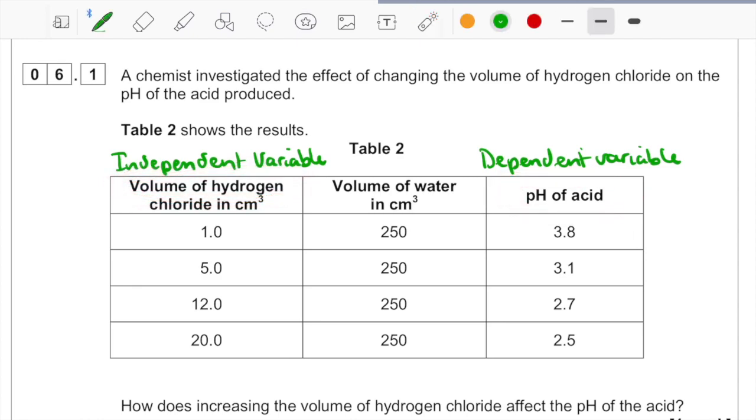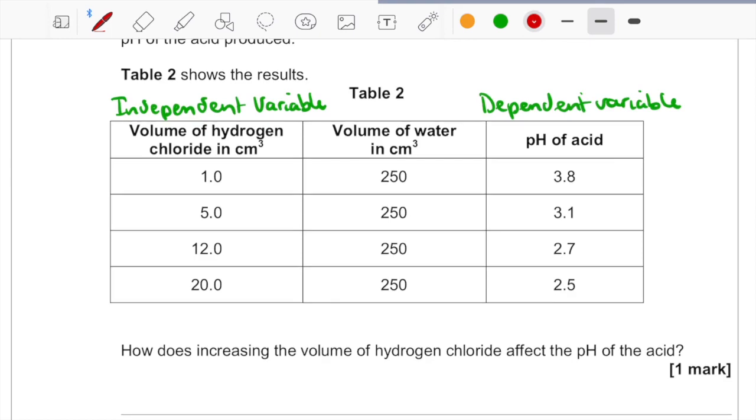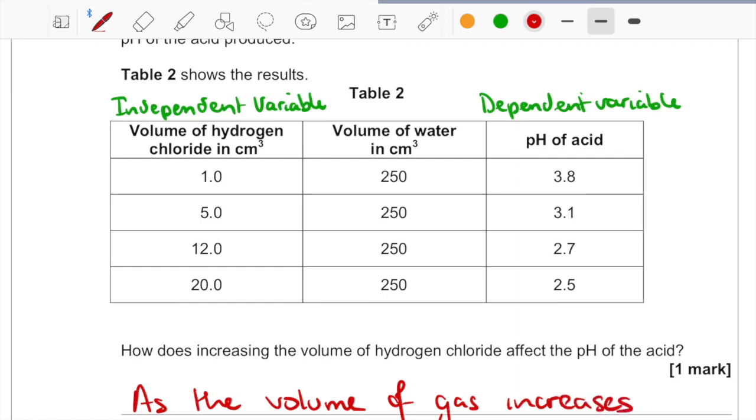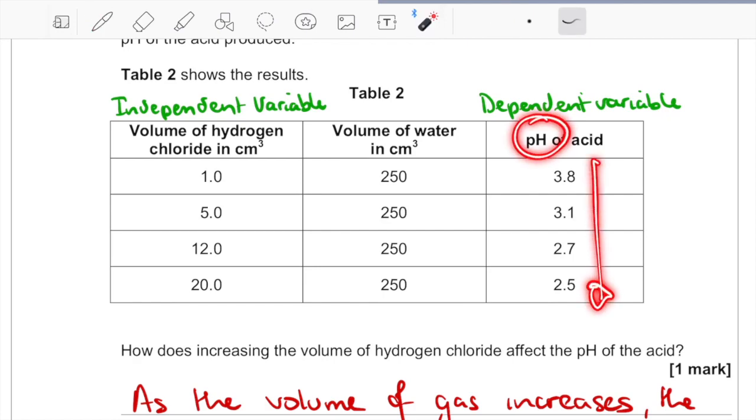So to get the best answer, we should say, as the volume of gas increases, the pH decreases. Now you could have said it becomes more acidic, but we may as well use the labels that are in the actual columns.